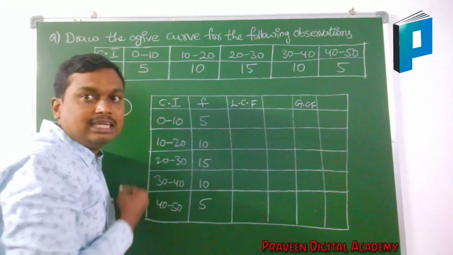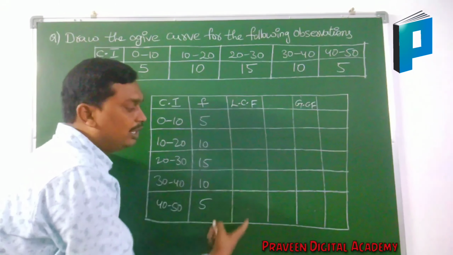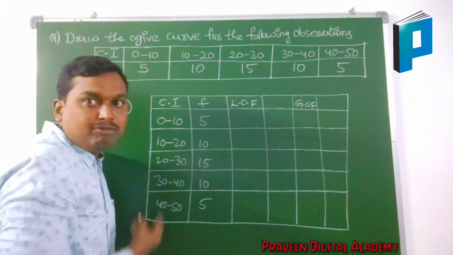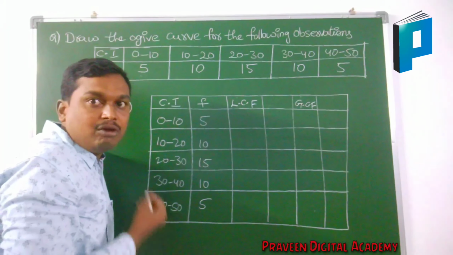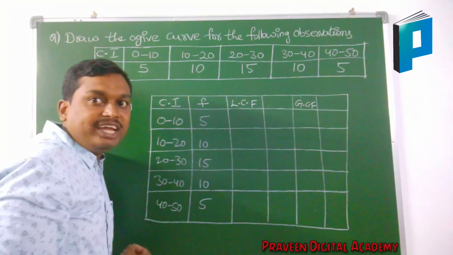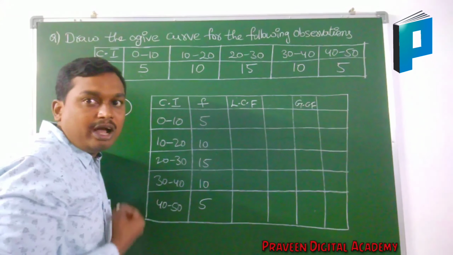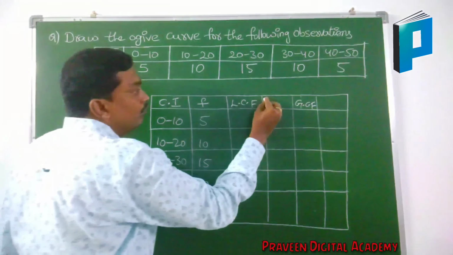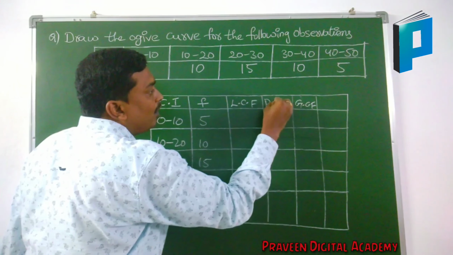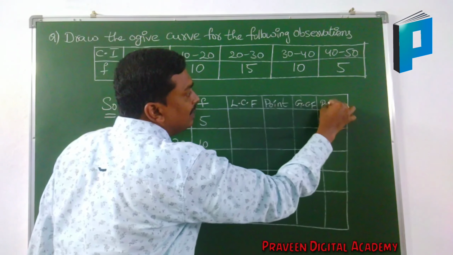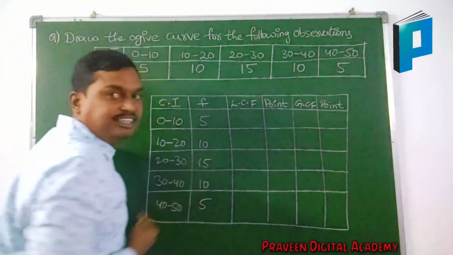If they mention less than curve, do only the less than curve. For drawing a graph we always need points, so we will have points for LCF and points for GCF.